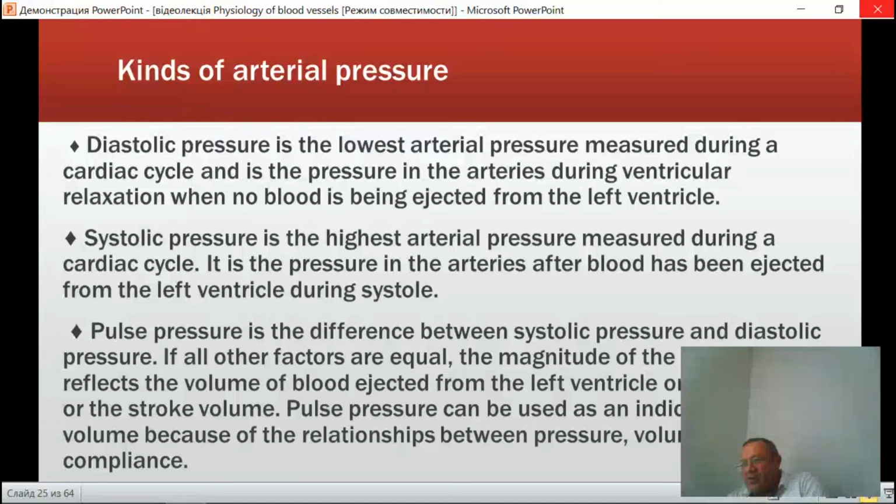If all other factors are equal, the magnitude of the pulse pressure reflects the volume of blood ejected from the left ventricle in a single beat, or the stroke volume. Pulse pressure can be used as an indicator of stroke volume because of the relationship between pressure, volume, and compliance.